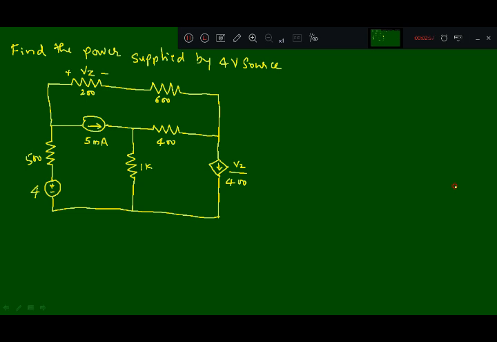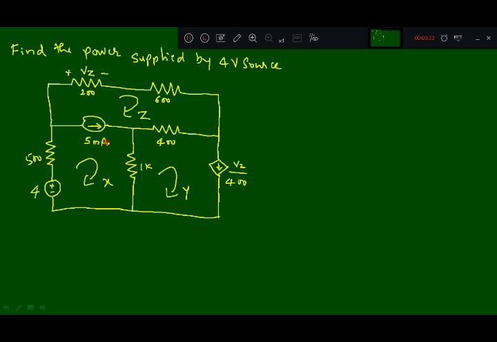First you need to assume the loop currents. I will assume this is X, here it is Y, then here it is Z. Here we have a current source of 5 milliamperes, in between the X and Z loops.